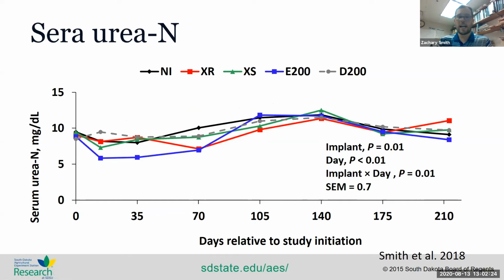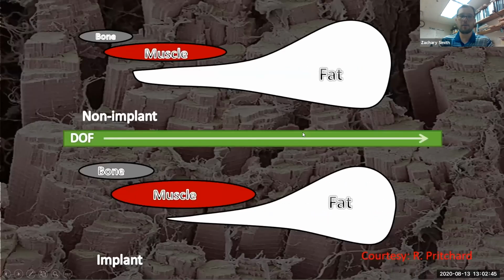A reduction in urea nitrogen in sera is an indicator of muscle or nitrogen utilization and subsequently anabolism. There's a reduction here on the early 200 implants, and these are different than the negative control depending upon when they were designed to pay out.